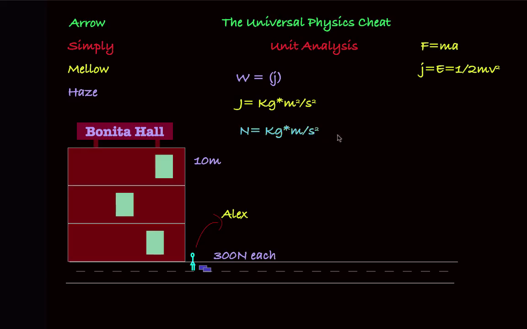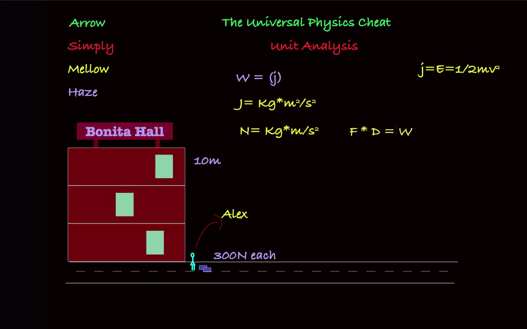So this unit represents force, so let's write that down. And what we're missing is a meter, like we have over here, which is just a type of distance. And that would equal what we're looking for in joules, which is work.